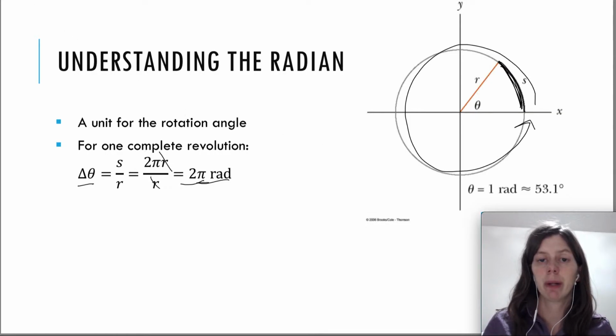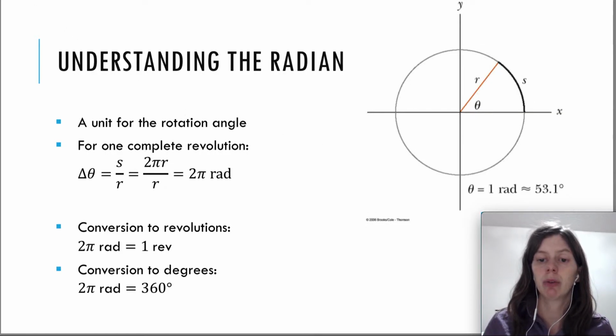So now we are ready to convert between radians and other units. So let's say that you're told that your wheel is rotating a full revolution. Well, now you can say, okay, a full revolution, then that's going to be called 2 pi radians. And you also know that a full revolution is 360 degrees.